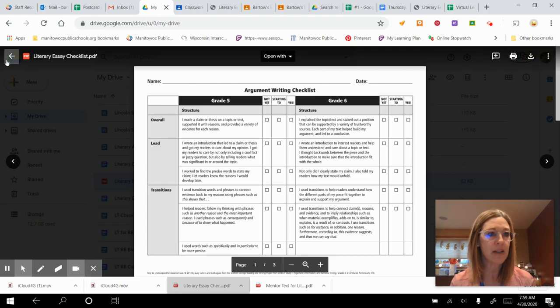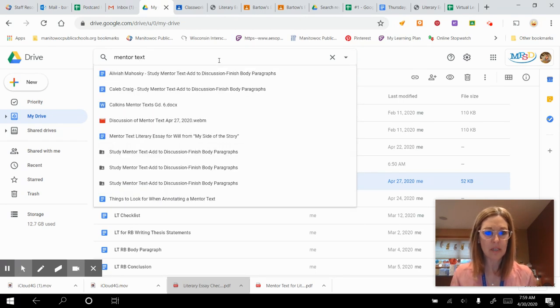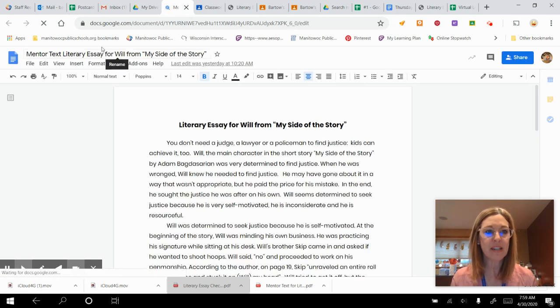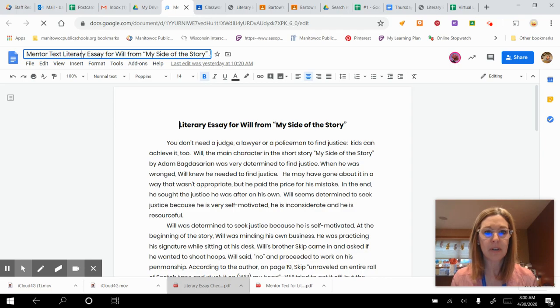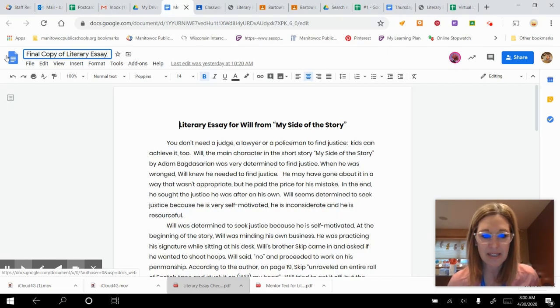So if I go back here, if I go to my mentor text for Will, if I'm going to change that, I just click up here. I'm going to highlight it, and I'm just going to say final copy of literary essay. And then you can share it with me when you feel like it is final. Then I will know that I should grade it. I shouldn't just comment on it and give you suggestions, but I should grade it.